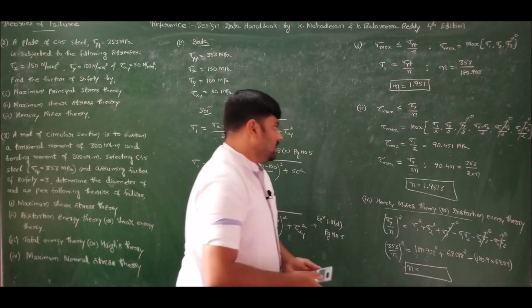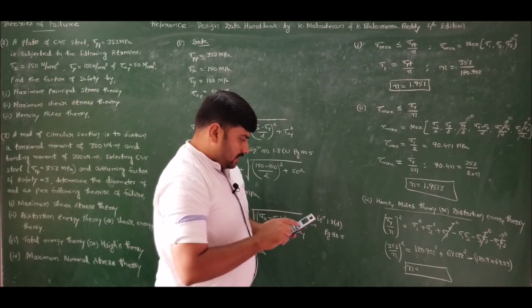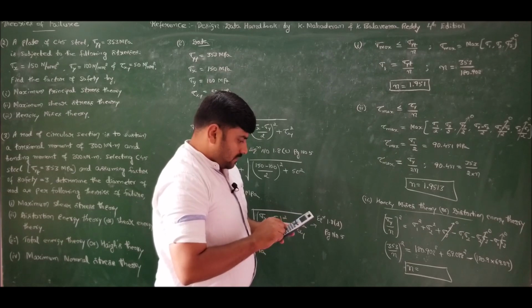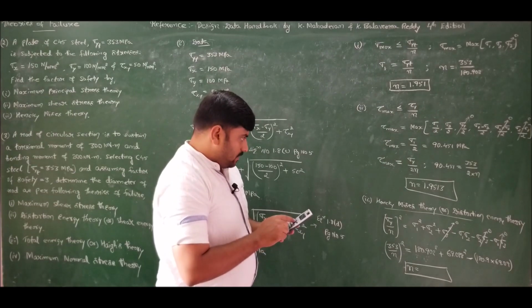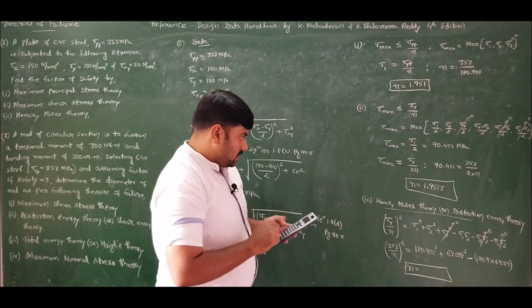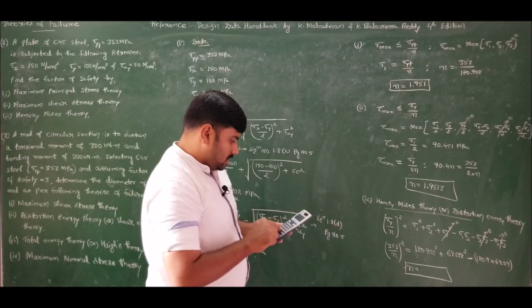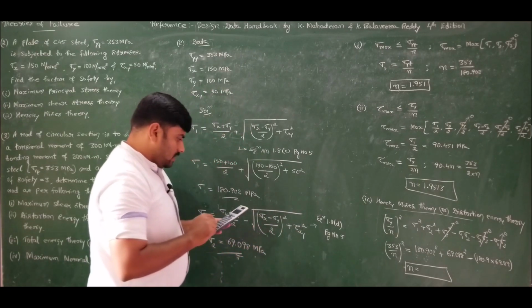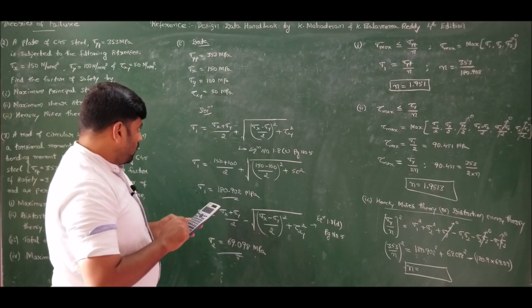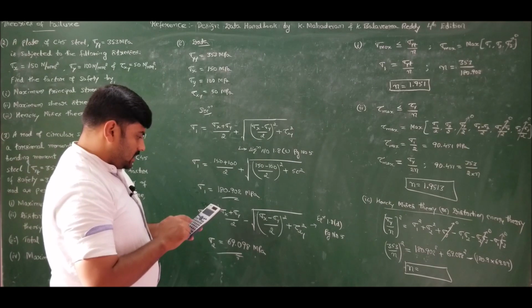So therefore the factor of safety according to distortion energy theory will become 353 by n whole square is equal to 180.902 square plus 69.098 square minus 180.902 into 69.098.